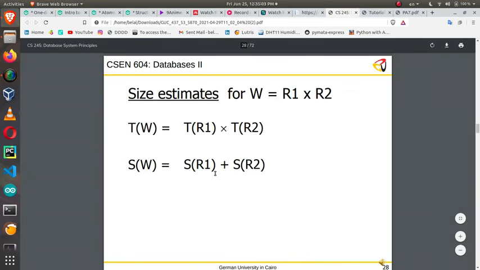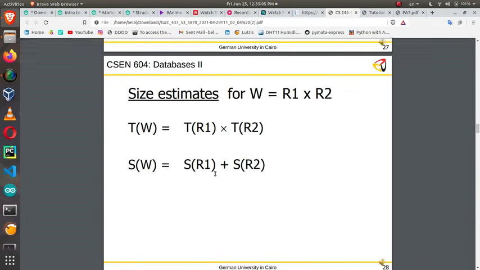So now, after understanding the main idea behind cost-based query optimizers, we need to know how to calculate the number of tuples for any given SQL query. So we have to estimate the cost.